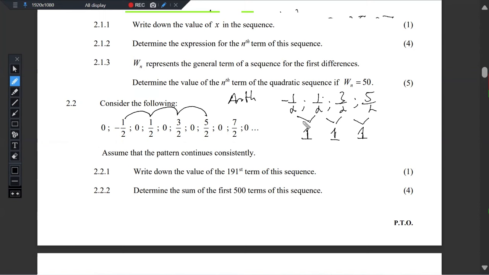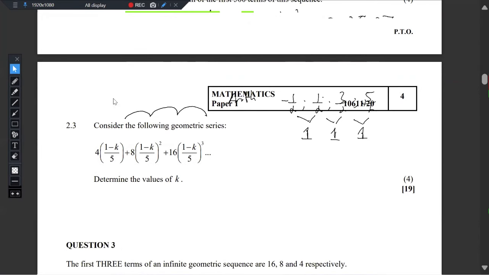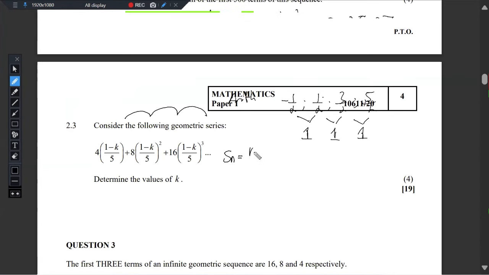Now, knowing that this is an arithmetic sequence, we already know the formula that we have to apply for an arithmetic sequence. So allow me to just write it over here. Then we will have Sn is equal to n/2, and then 2a plus (n minus 1)d. So this is the equation for the sum of an arithmetic pattern.